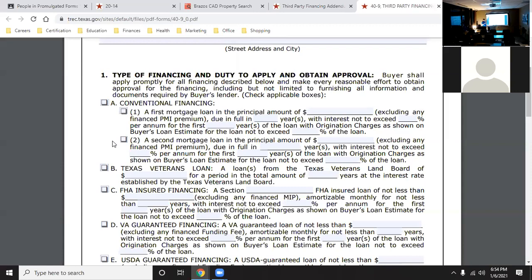Just because you fill it out, if you don't check the box, that doesn't count. You may check third-party financing, but if you didn't check these boxes in here, it doesn't count. Just because you fill stuff in, if it's not checked, it does not become part of that contract, period.